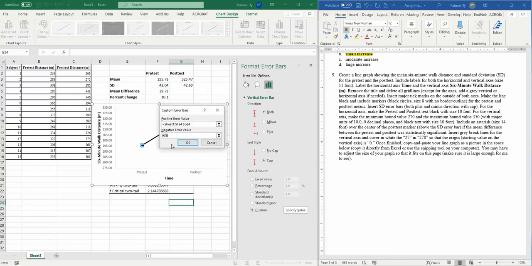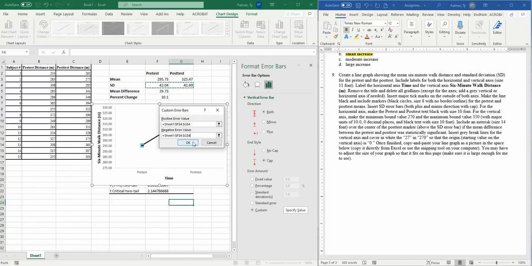Next, we're going to go down to negative error value, and we're going to delete everything in this bar to where it's blank. The only thing that should be in there now is your cursor that's blinking like mine is. We're going to do the exact same thing. We're going to go back up, click on the pretest standard deviation value, click and hold, and drag to where it also includes the post-test standard deviation value. Now that we have those two highlighted, it shows up here. We should be ready to go.